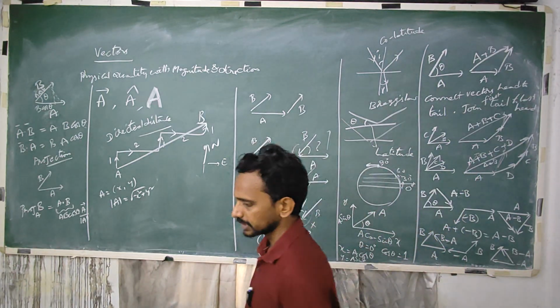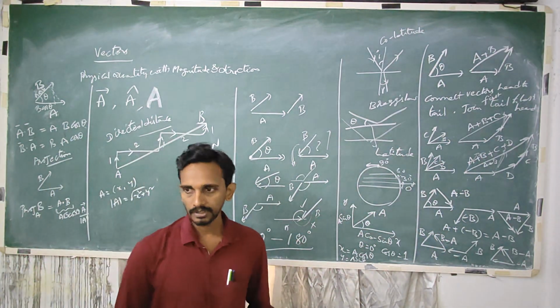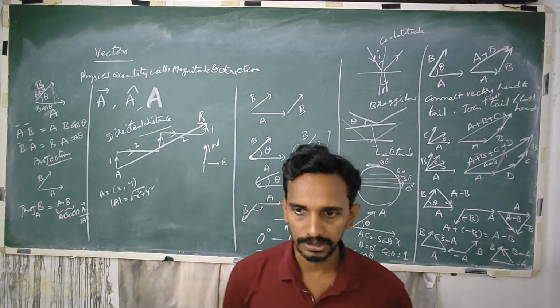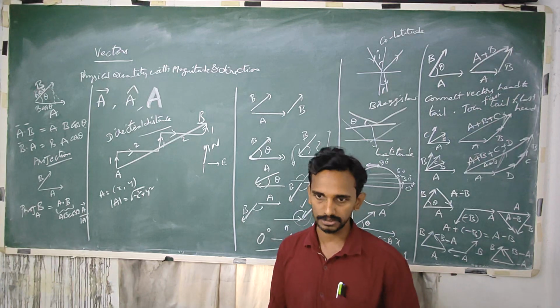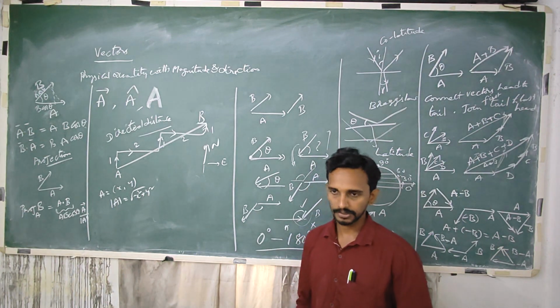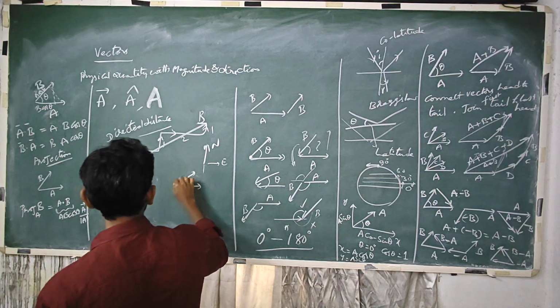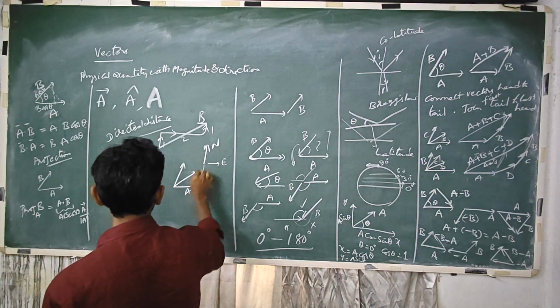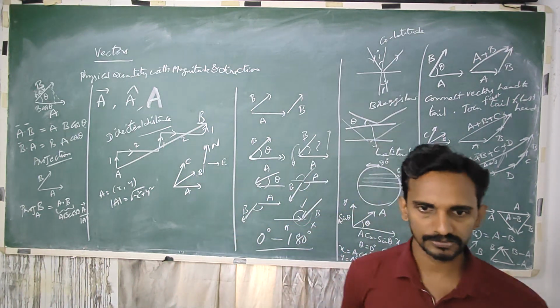In quantum mechanics, all vectors that we consider must be perpendicular to each other, so that their dot product will be 0. We must ensure all the vectors are independent of each other. So if you are given some set of vectors which are not perpendicular, you can generate a perpendicular set of vectors from that.